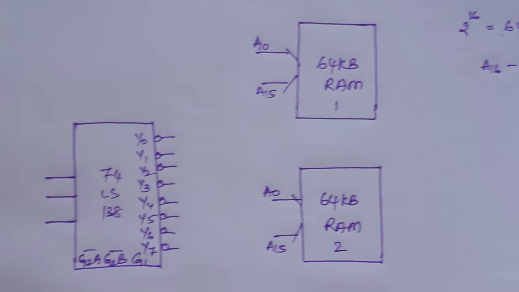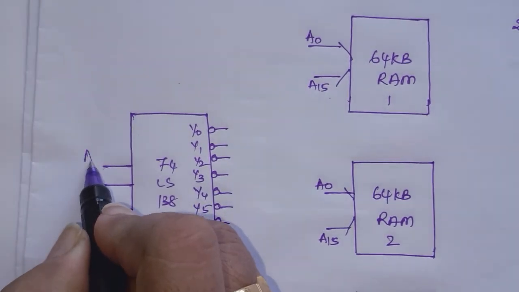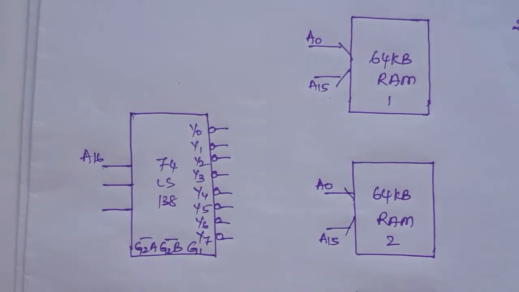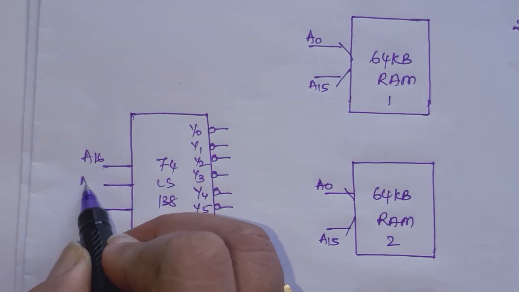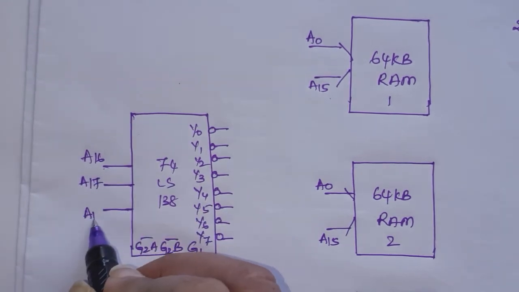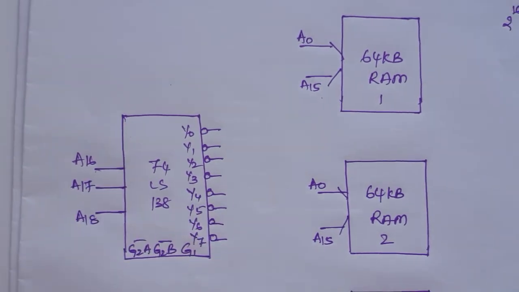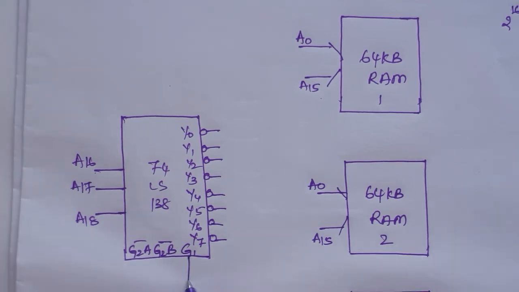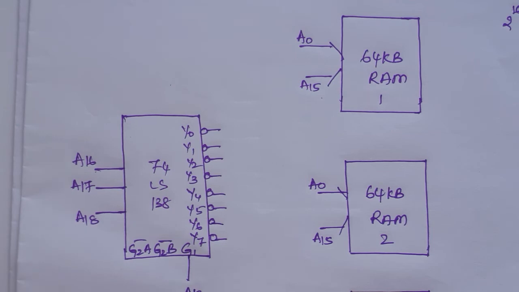Here we can use A16, A17 and A18 as select inputs of this 74LS decoder. Then we are left with one more address line, that is A19. So we can use that A19 with G1, that is the enable input.